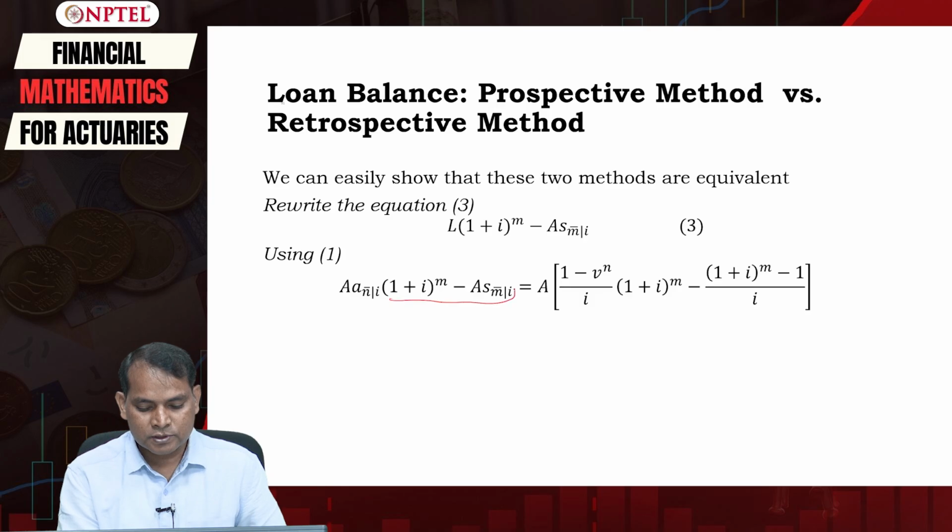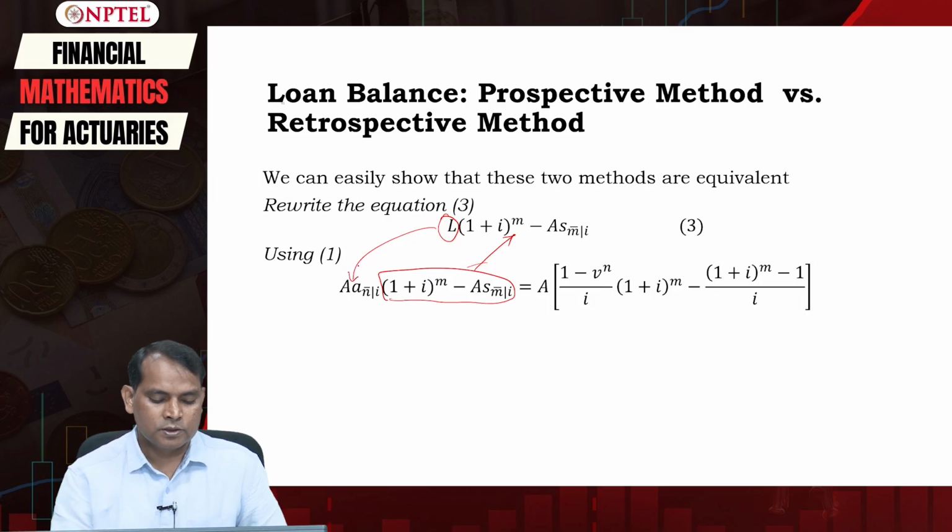This is simply this one, and this is simply this one. Okay, we then take this A out and put the value of a angle n at i here as this one. The value of this is nothing but your a angle n at i.